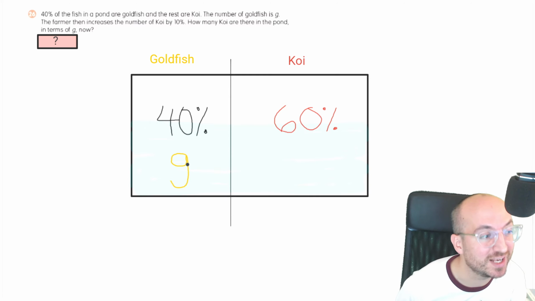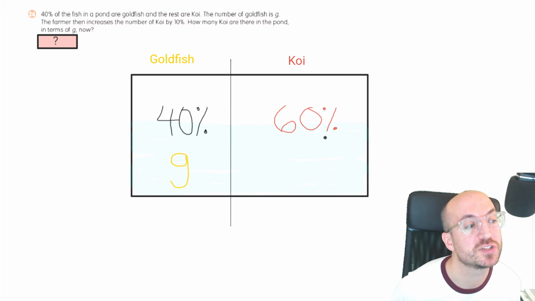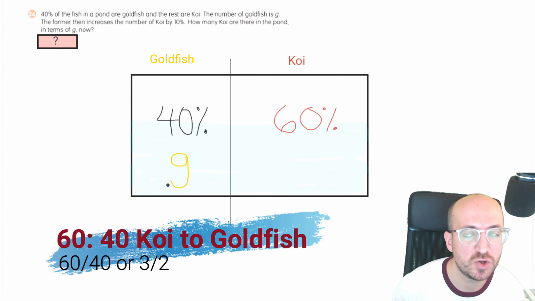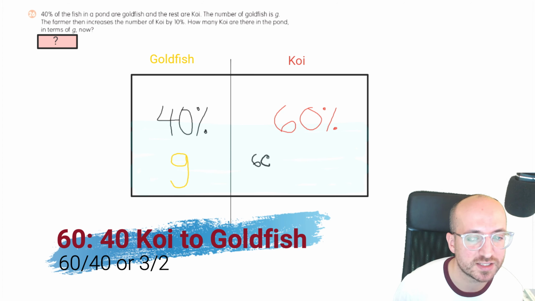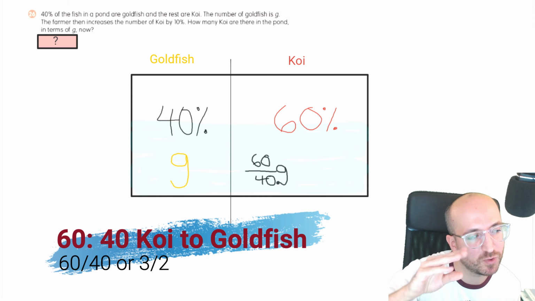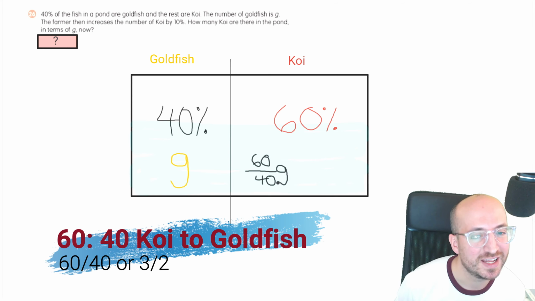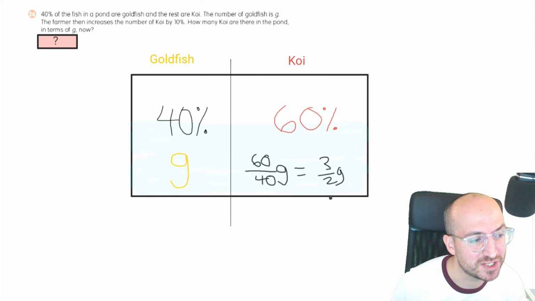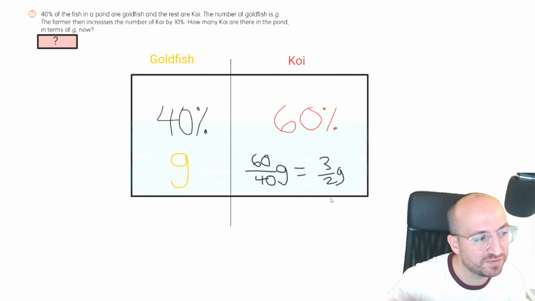If 40% is G, what would 60% be? It's more, right? It's 60 to 40 G. It's not 40-40 G. It's not exactly split. It's 60-40, which we could even say is 3 to 2 G, or even 1.5 times as much koi as there is goldfish.